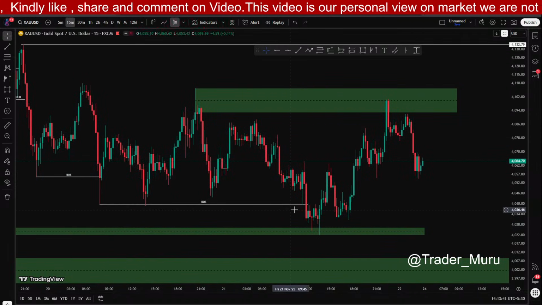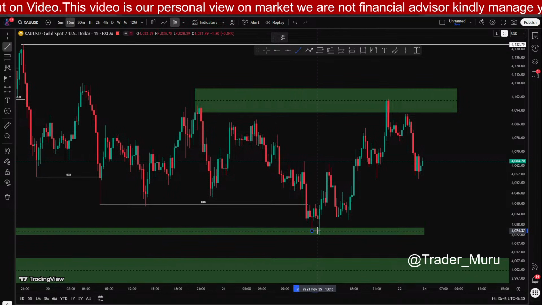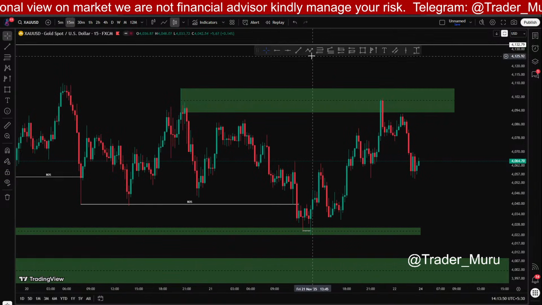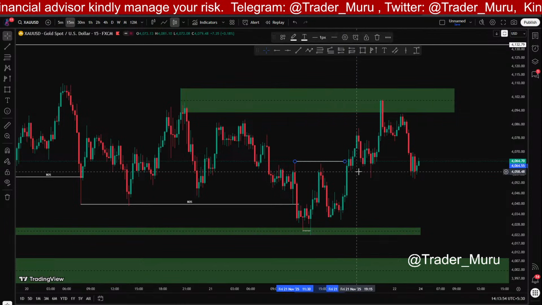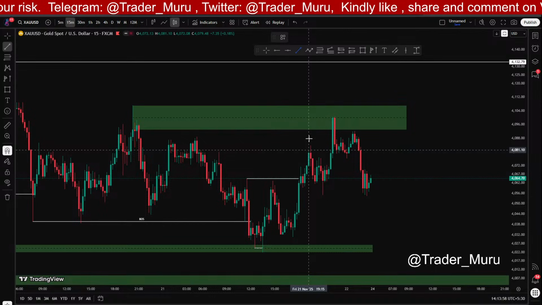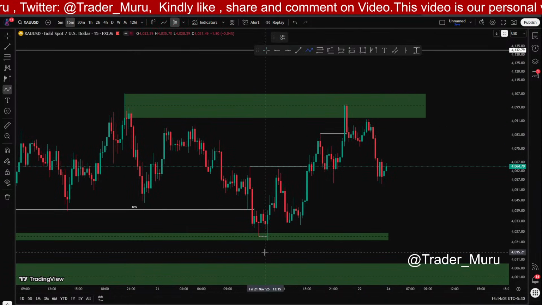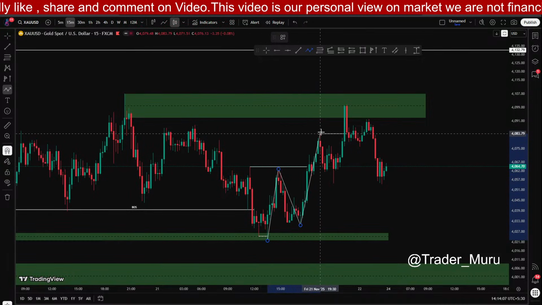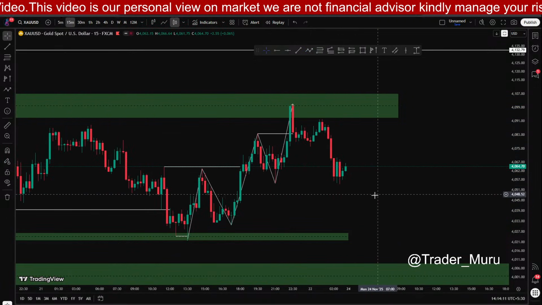After watching this, you can see we have a liquidity sweep test of this order block, then a market structure shift here, then again a pump and break of structure. So this is 1, 2, 3, 4 and 5 waves completed.